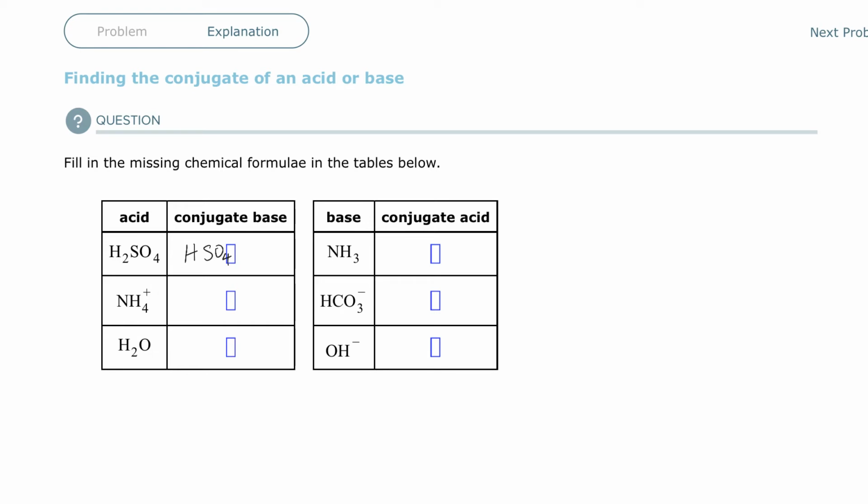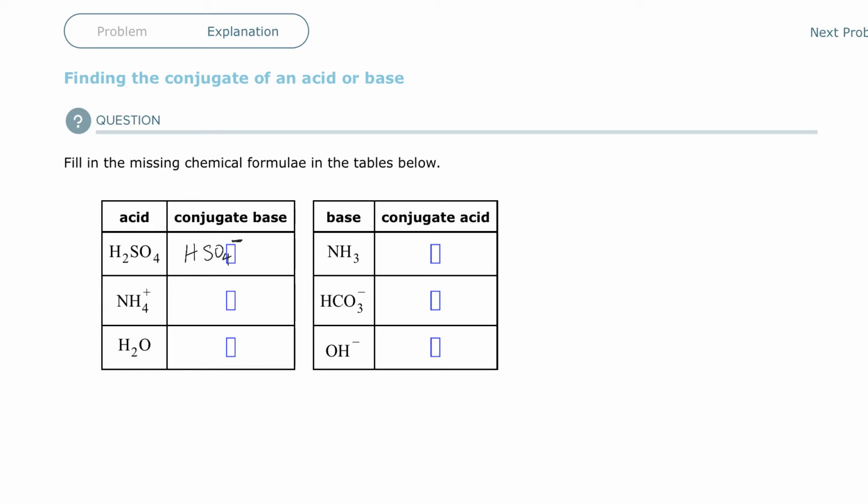If I lose a plus, and it's neutral to start with, and I take away a positive, do you see that that's going to leave a negative? That positive plus that negative made it neutral. I take away the positive, it leaves a negative. So the acid H2SO4, after donating a hydrogen, is going to leave HSO4 minus. So for sulfuric acid, the conjugate base is hydrogen sulfate.